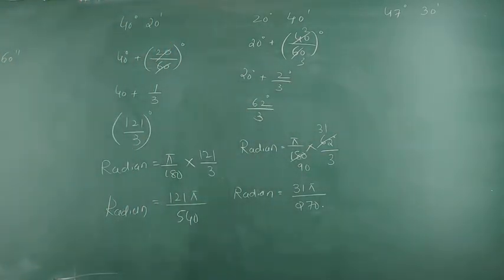Convert that value into radians. 19 pi by 72, sir. Okay. Anybody else?